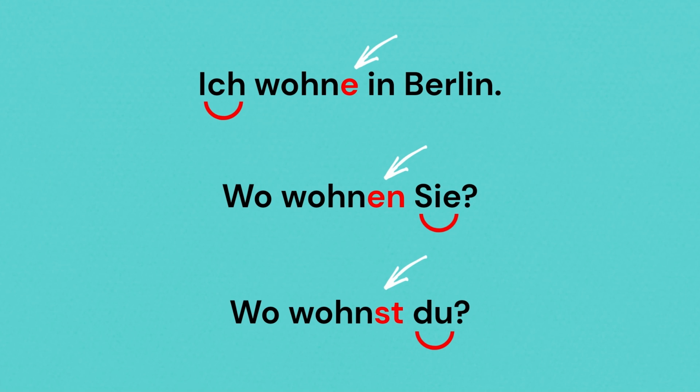In each of these sentences, the verb ending has been highlighted. The ending of all these verbs is different. These endings actually depend on the subject that you are using in the sentence. The ending with ich is e. With sie is en. With du, it's st.